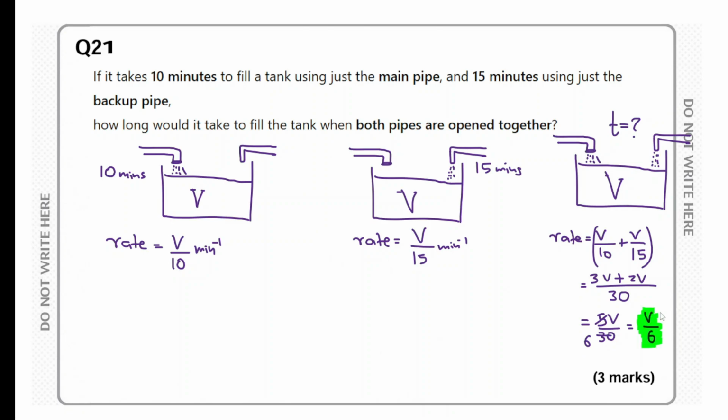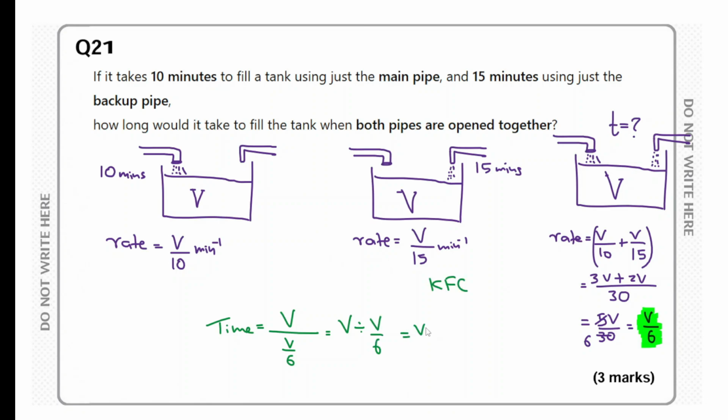Now the question is, how long would it take to fill? So the time it takes to fill would be the volume divided by the rate. So that will be V divided by V over 6. So let's apply KFC.